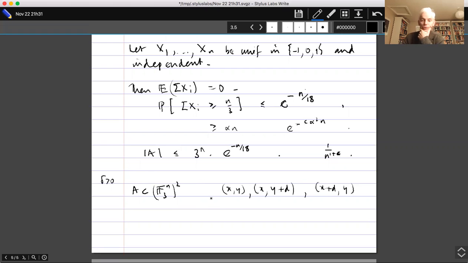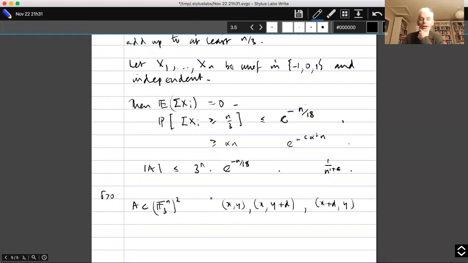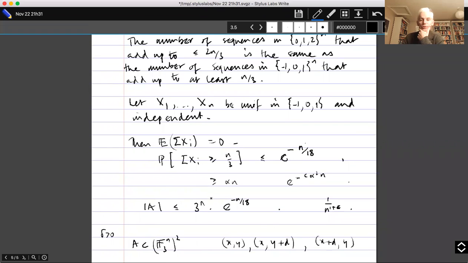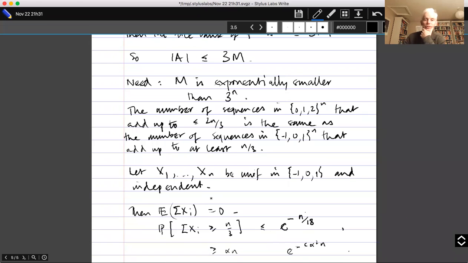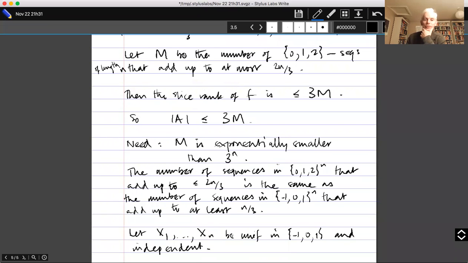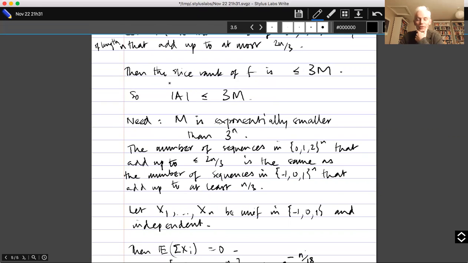you can run the argument, but when you get to the stage of what m is, you find that you've got a certain number of sequences that's just not small enough to tell you anything non-trivial. So the number that you want just doesn't appear.